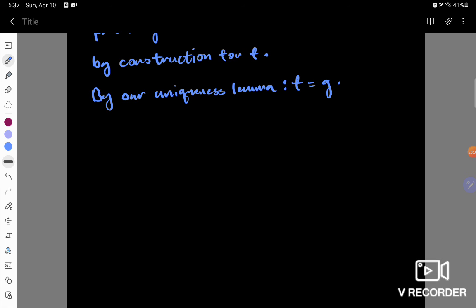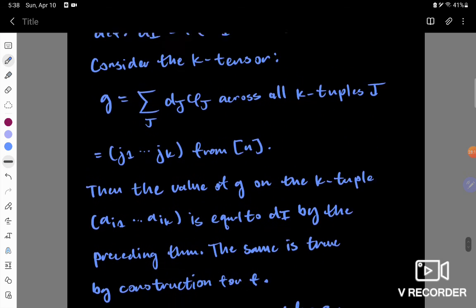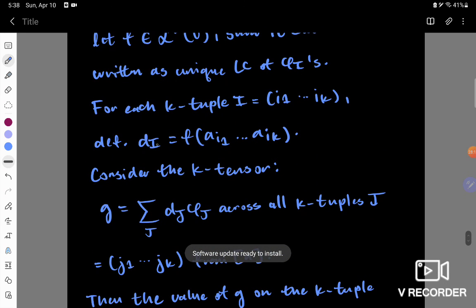Okay, so really, I think this is where we will end this video, and essentially I'll summarize what we've done here, which is to show that if we are given scalars d sub I for each index set I, each k-tuple, there is exactly one corresponding k-tensor, which we had F here, such that F evaluated on the corresponding indices of I is going to evaluate to d.